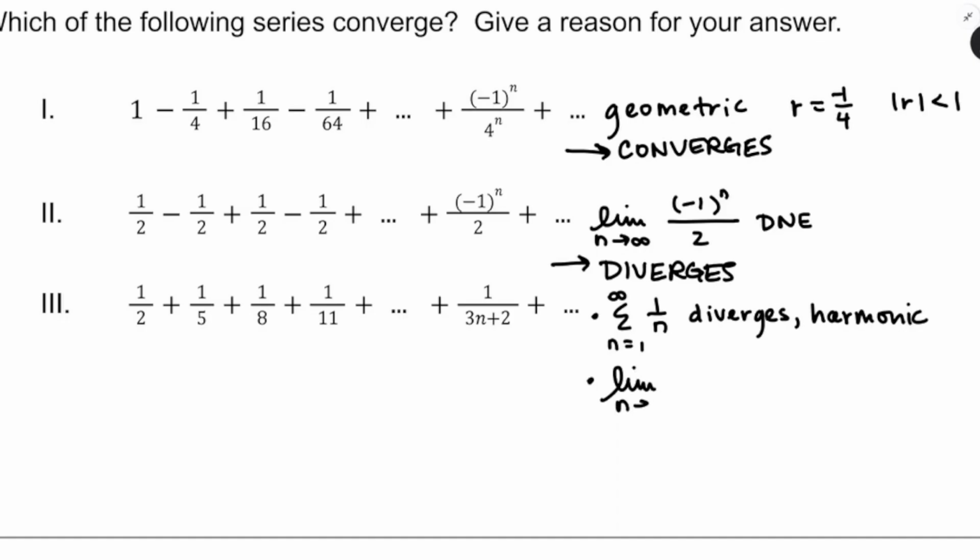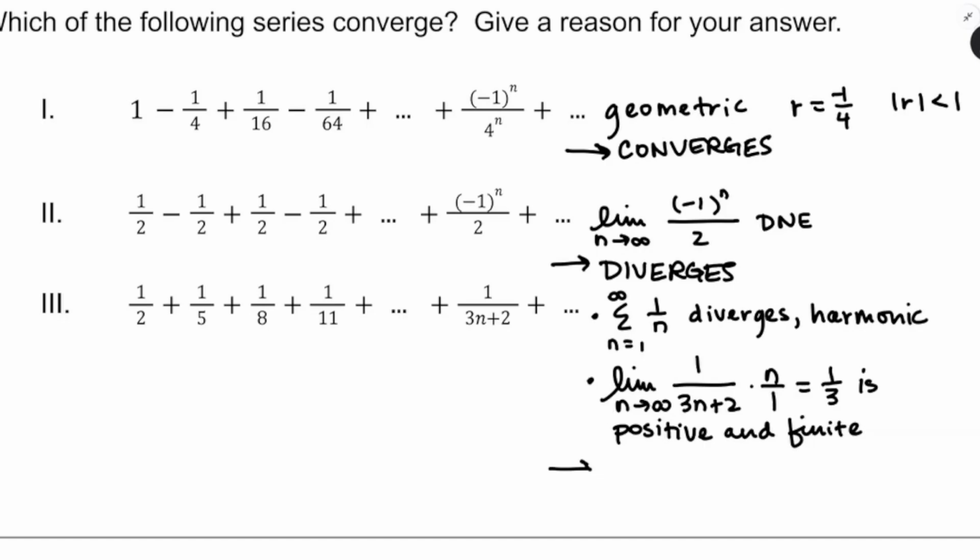The limit as n approaches infinity of 1 over 3n plus 2 multiplied by n over 1 is going to be 1/3. That's a positive and finite number. As a result, I'm going to say that Roman numeral 3 also diverges.